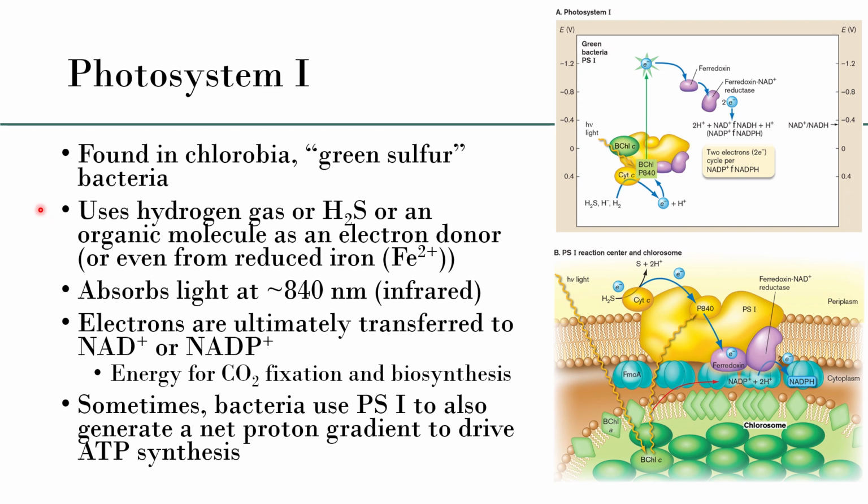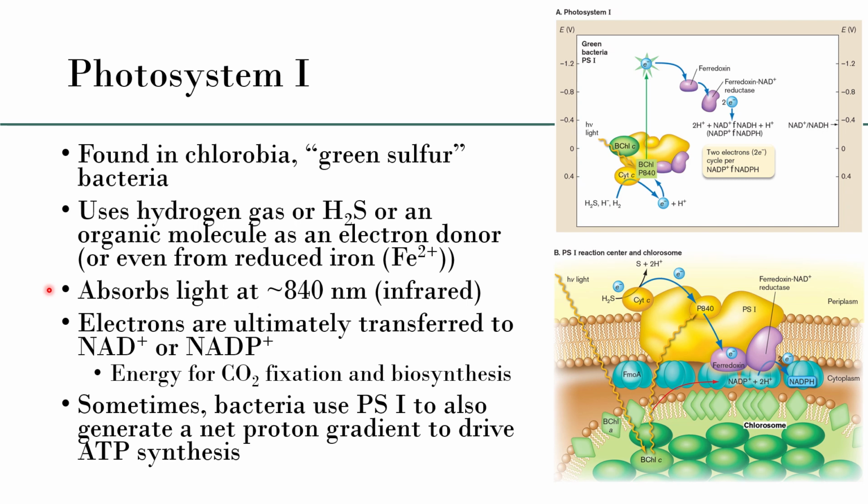Now, this photosystem is absorbing light at about 840 nanometers. This is not visible light anymore. This is effectively heat. They are taking infrared radiation and using it to power this photosystem. But as a result, infrared does not contain as much energy as the visible spectrum.